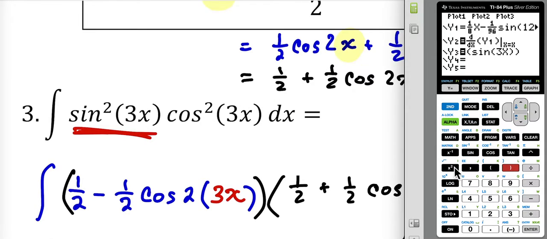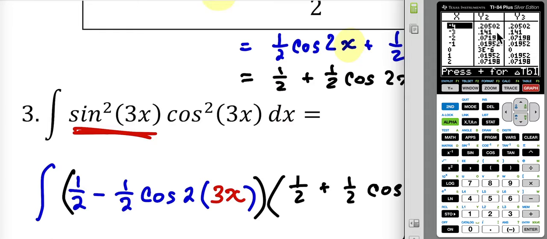I go a little crazy with the parentheses, sine 3x quantity squared, just so I'm not in trouble with the calculator misunderstanding my intention. Then I'm going to go to table and verify that my y2 and y3 match up. You might see some slight differences because it's doing the derivative numerically. So there's 3e to the negative 6. That's the calculator trying to say 0. It just never quite got there.